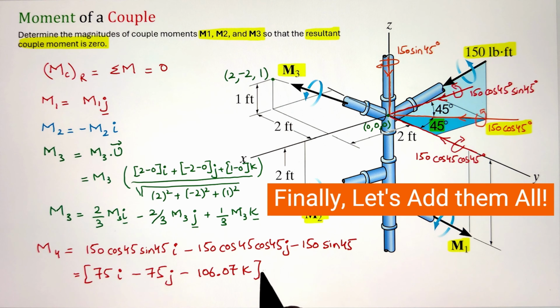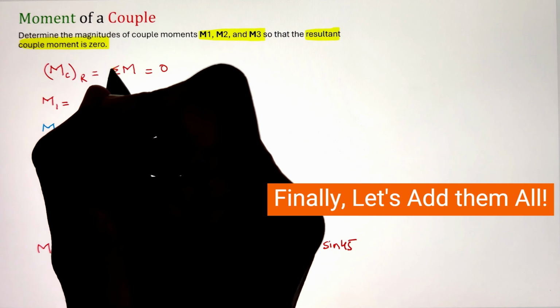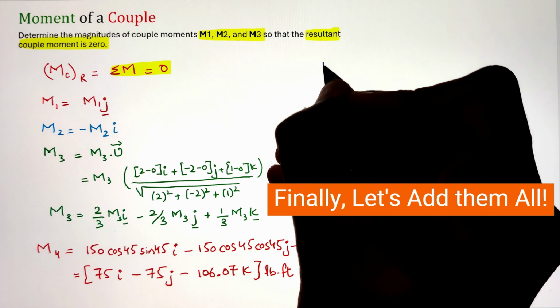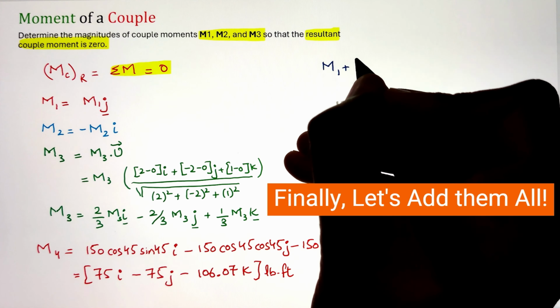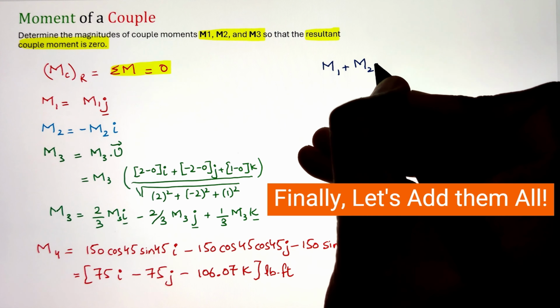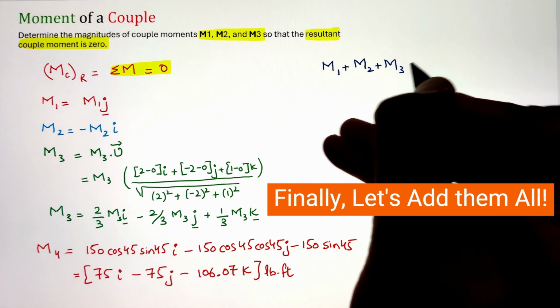Now, once we have all four moments, let's add them together to figure out our resultant. And as we know, the resultant is equal to 0. So let's equate their sum to 0.